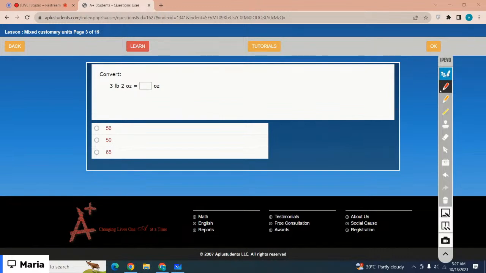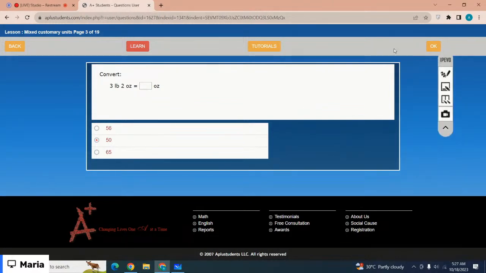The correct option is 50 ounces, sorry, not pounds.